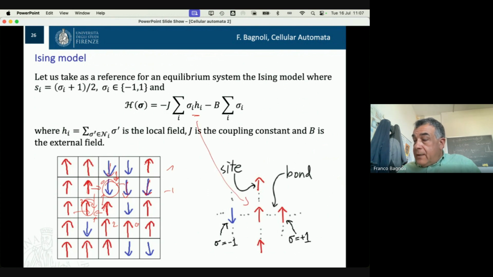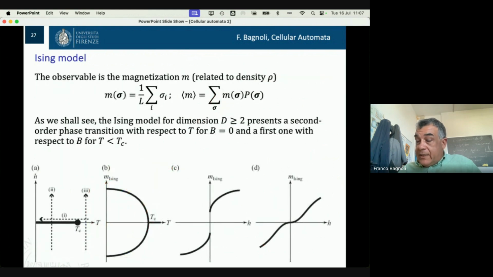And then we may have an external field B or H, depending on the terminology. And what we expect is that for a large enough temperature, we have 0 magnetization. Magnetization is just the sum of the spins. While below a certain critical temperature, this is for field B or H equal to 0, we have 2 possible magnetization states.